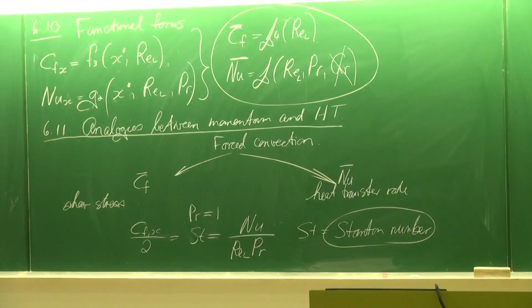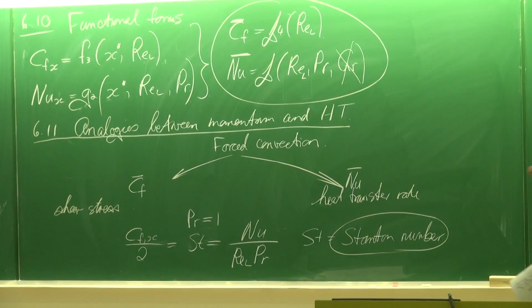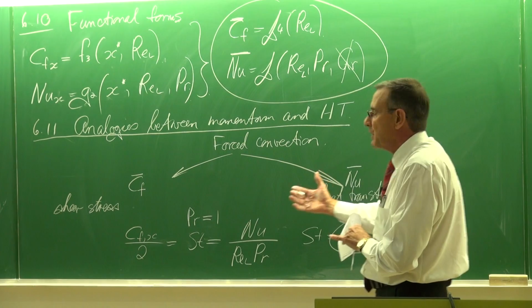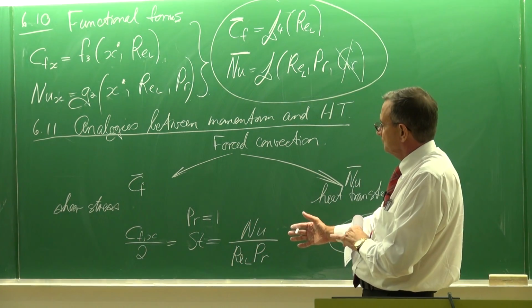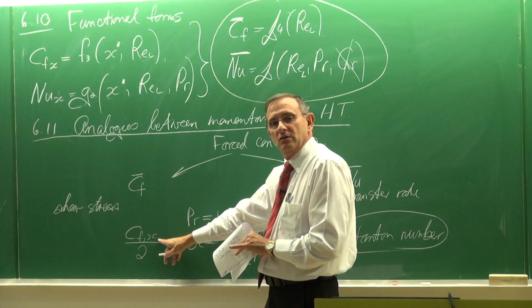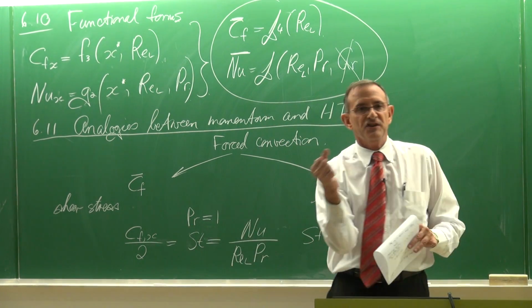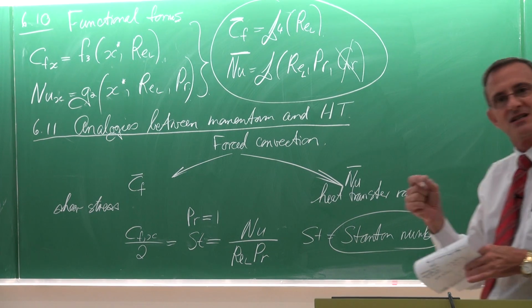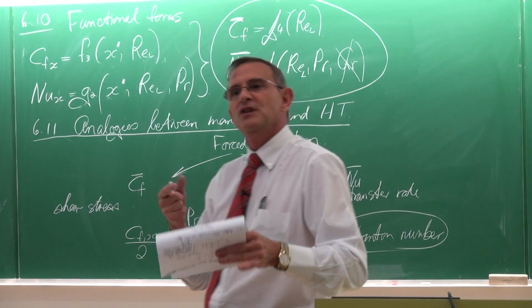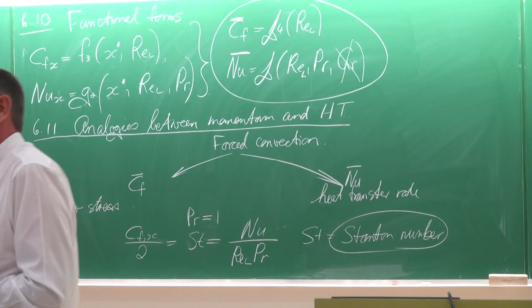But there's something very special in this equation, and it shows to us how special nature is. It shows us that if you know the drag characteristics, you actually also know the heat transfer characteristics. Okay, so think about what I'm saying. I'm saying that if you know the drag characteristics, you can actually determine the heat transfer characteristics.